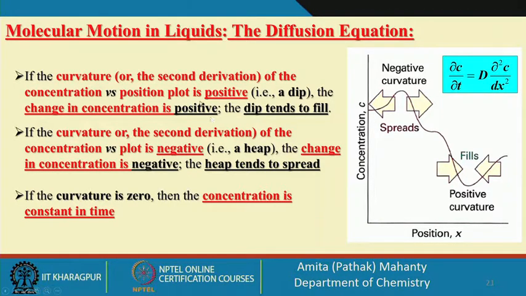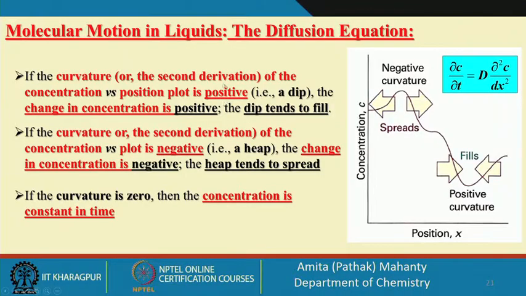The curvature, or the second derivative of the concentration versus position plot, is positive. Since it is a second derivative, this will be a positive curve, and this positive curve signifies a dip.